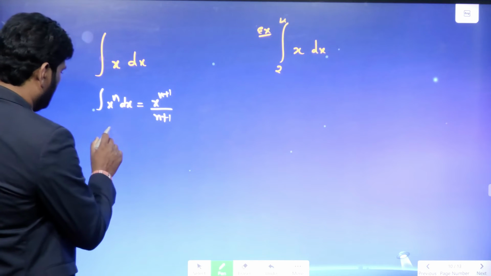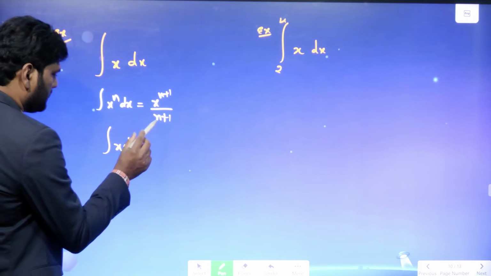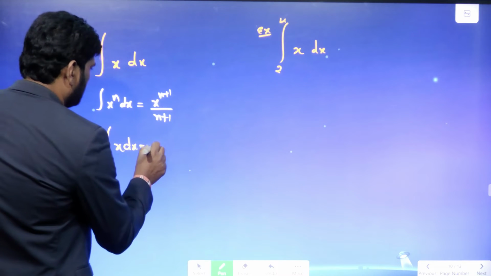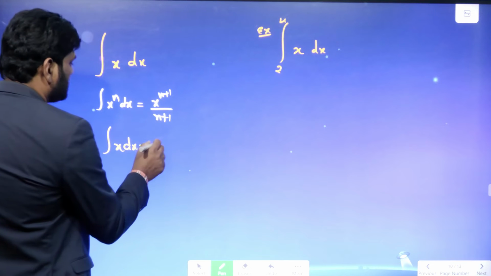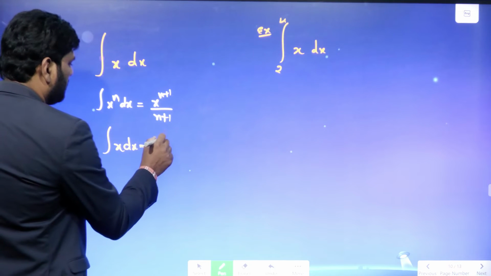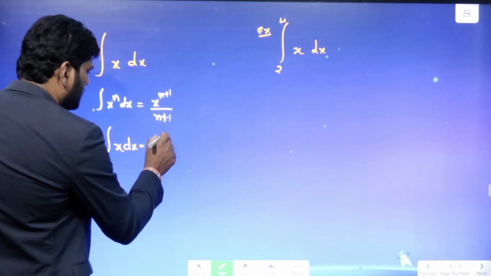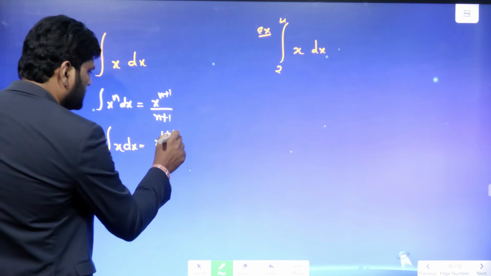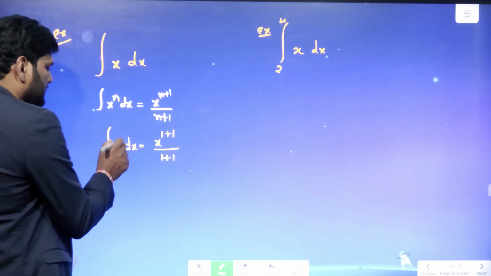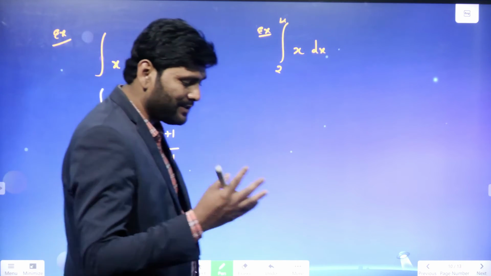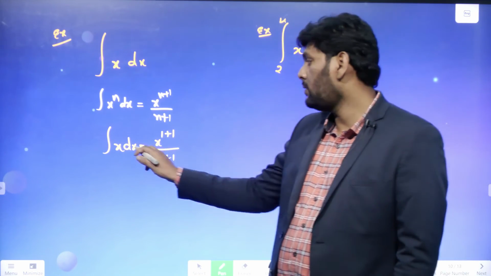Integral x dx is equal to x power 1 plus 1 by 1 plus 1, because where no power is written, the value is 1, so it is x power 1.